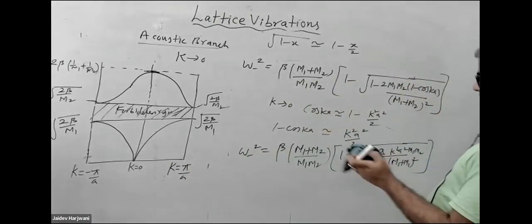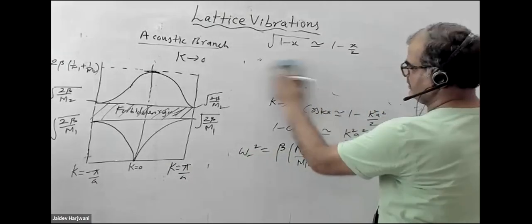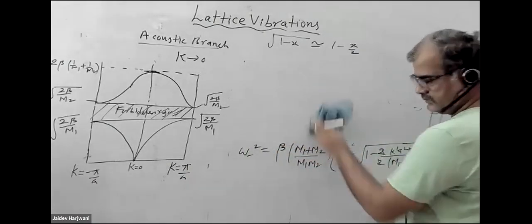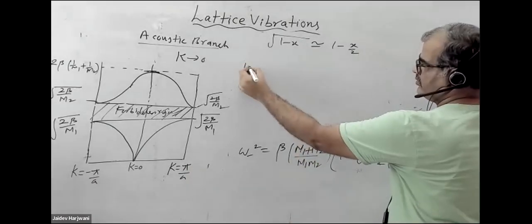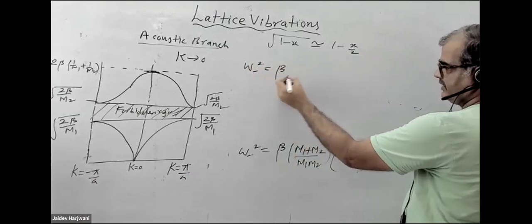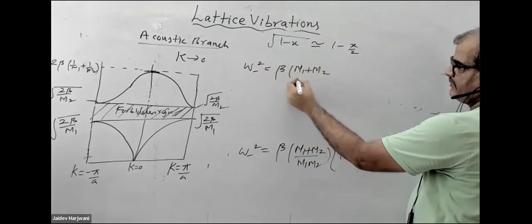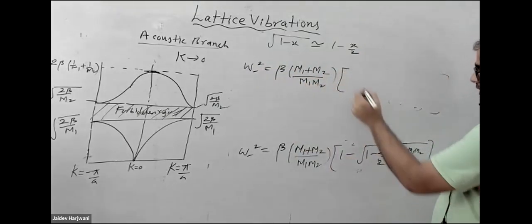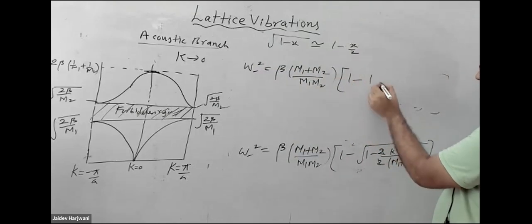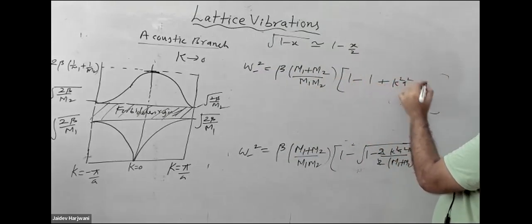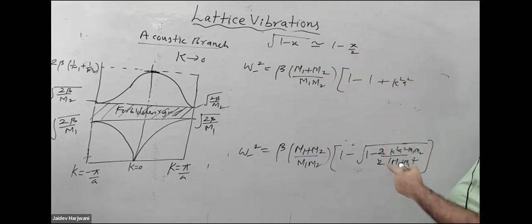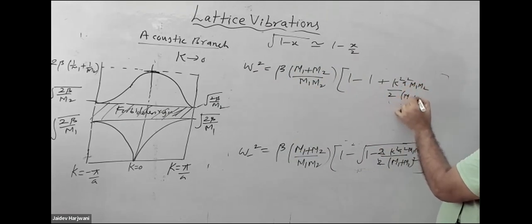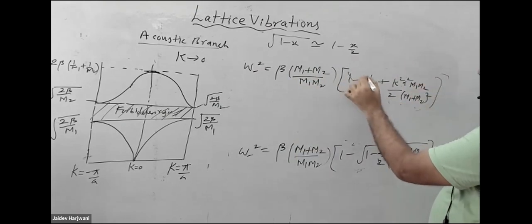So in this expression, I can write omega minus square equals beta (m1 plus m2) by m1 m2, and 1 minus x by 2 becomes plus x by 2, k square a square by 2, m1 m2 and (m1 plus m2) ka whole square. The 1 cancels.